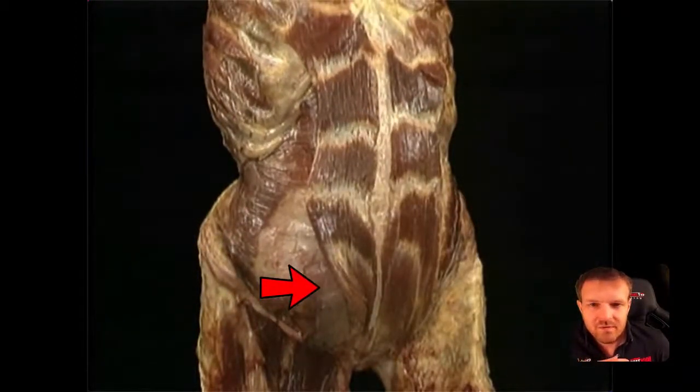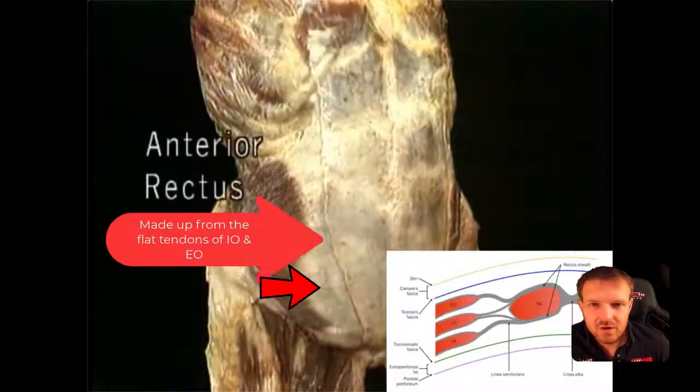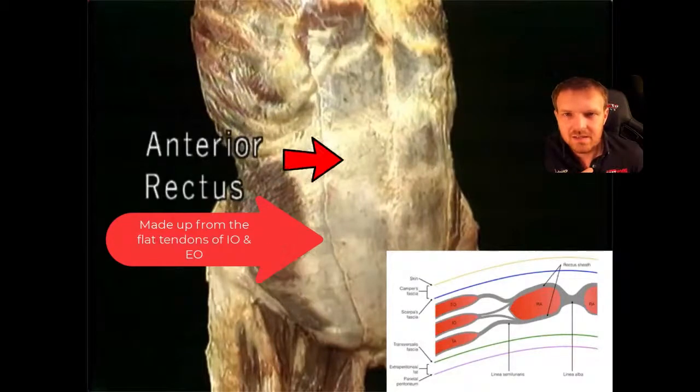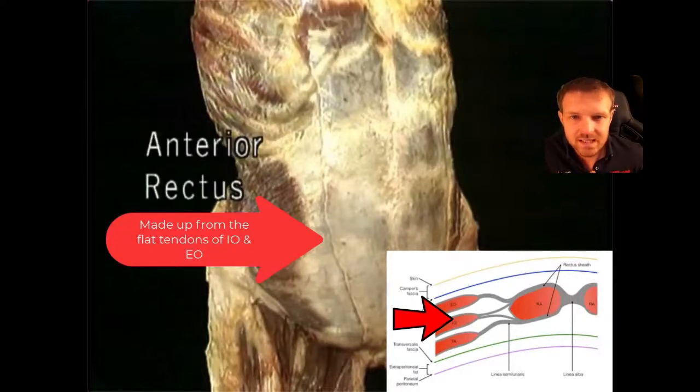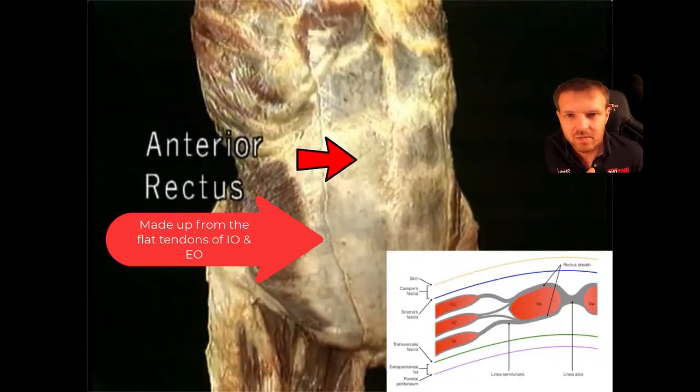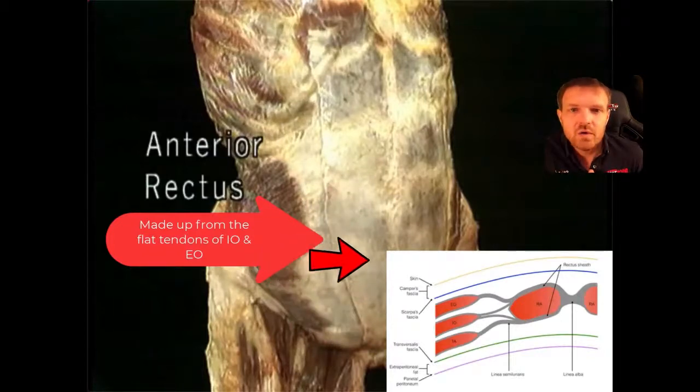And then there's another wrapping over the top. Here we go. So this is the anterior sheath, the covering over the top, and it's made up of the tendons of the internal and external oblique. So that's these ones here. There's your internal oblique wrapping over the top, and there's your external oblique wrapping over the top. So that's what we can see here. Down in this section here, it only goes over the top.